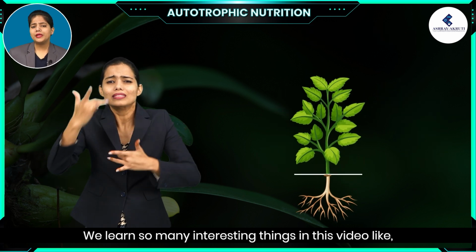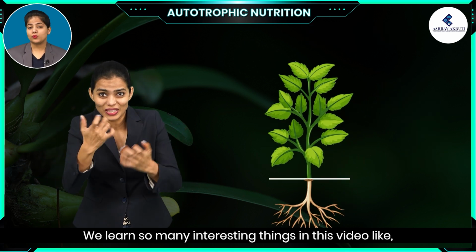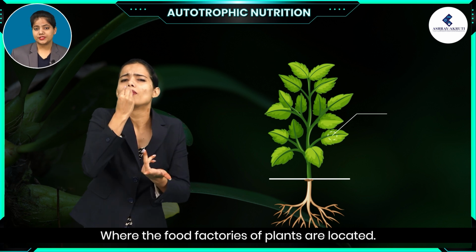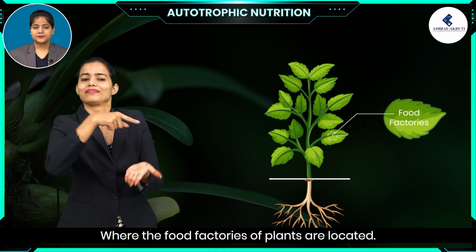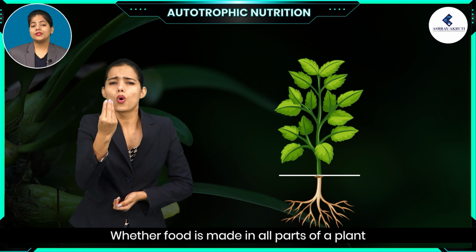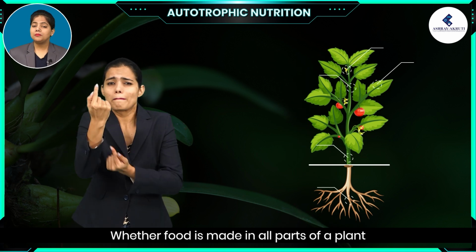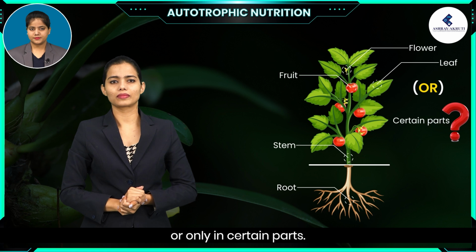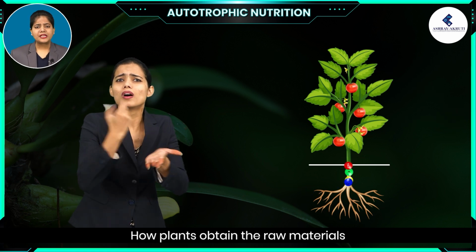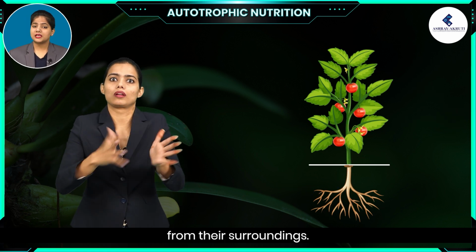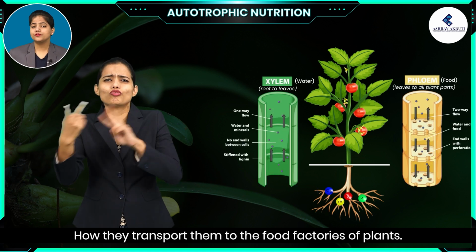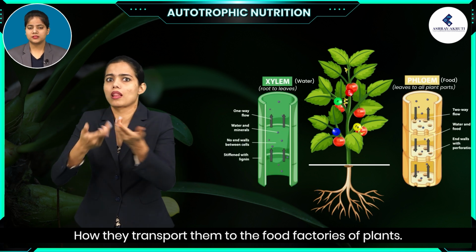We learned so many interesting things in this video, like where the food factories of plants are located, whether food is made in all parts of a plant or only in certain parts, how plants obtain the raw materials from their surroundings, how they transport them to the food factories of plants.